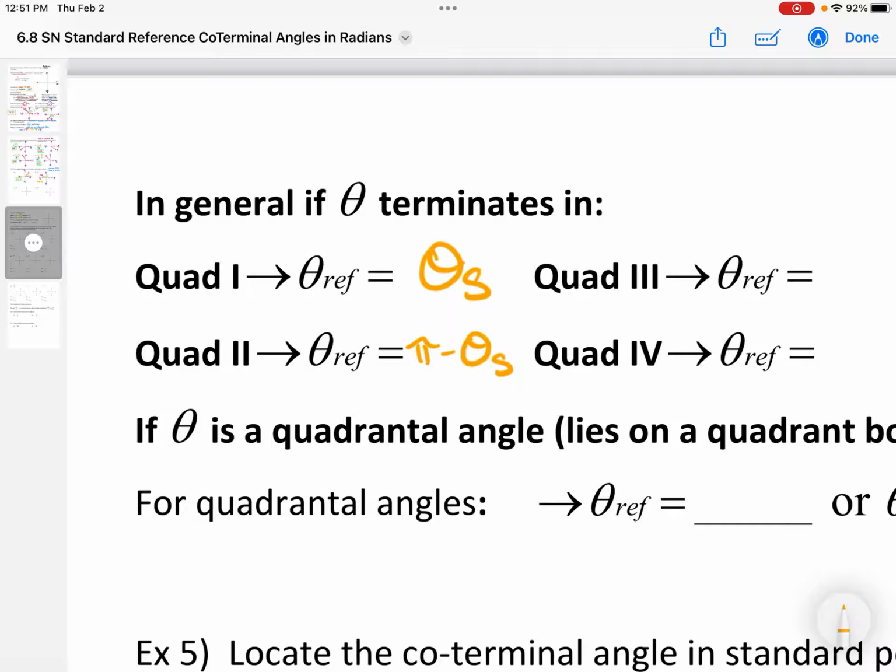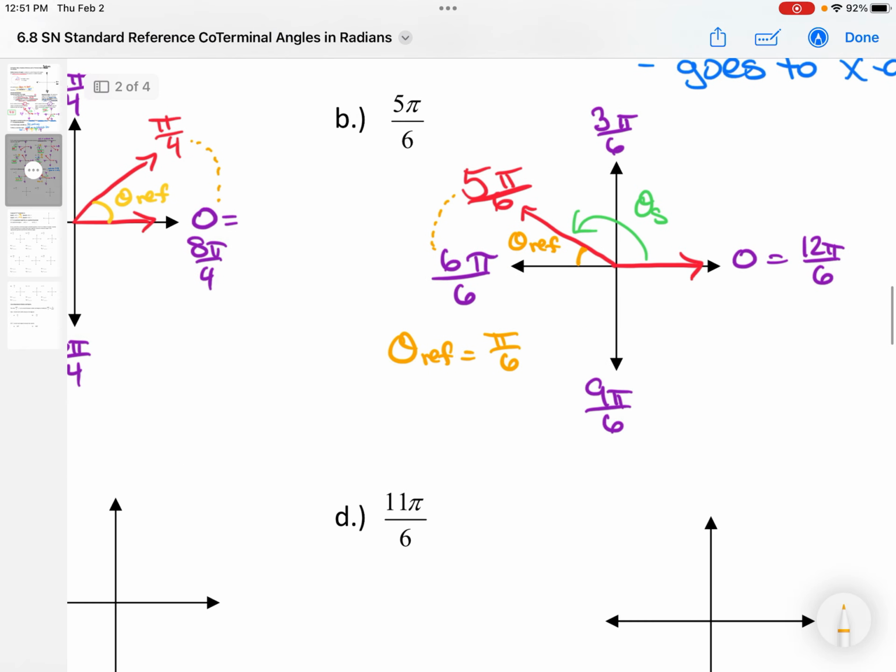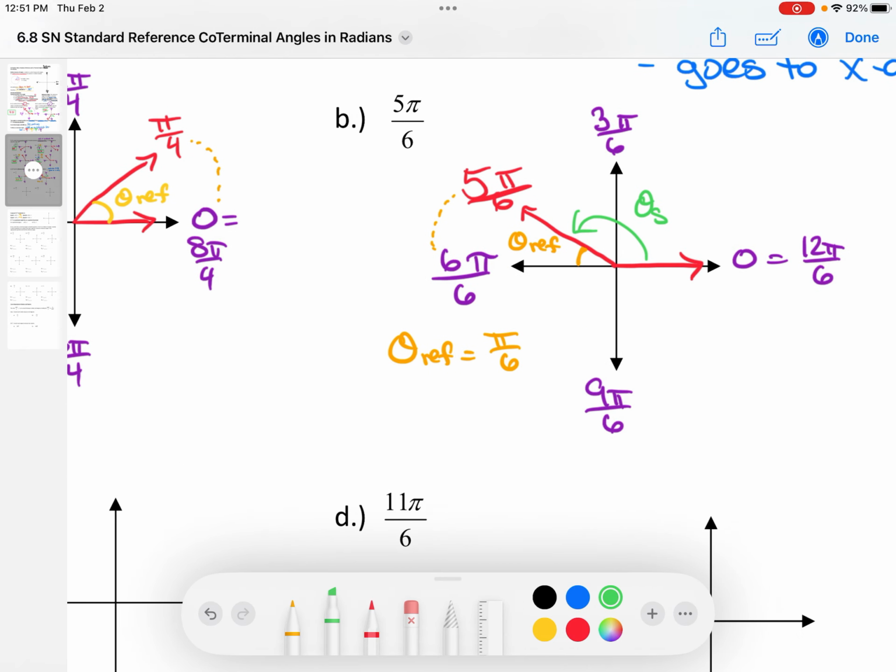Pi minus theta standard gives us that reference angle. So in quadrant 2, we subtract: pi minus the standard angle. Or look at how far away it is from the x-axis.